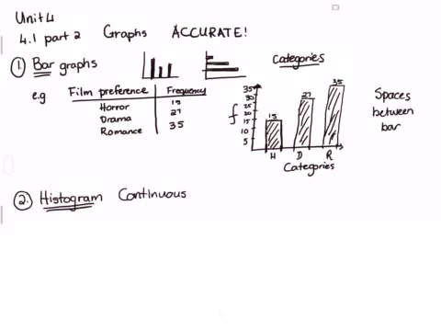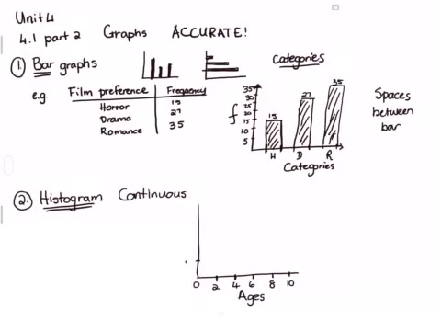So if you think again, we did an example of children's ages. So your horizontal axis would indicate ages. And again, you've got to mark these exactly to scale. So from 0 to 2, 4, 6, 8, 10.